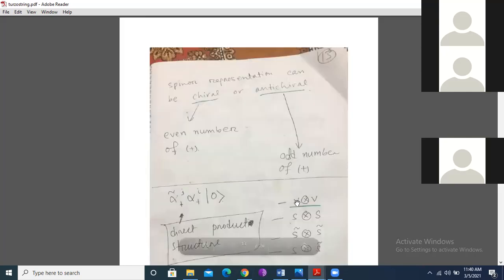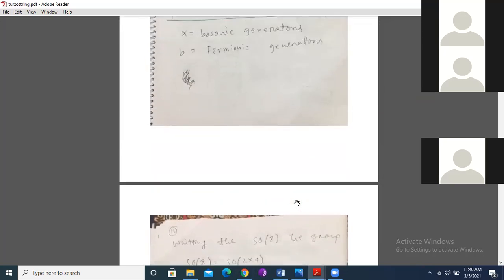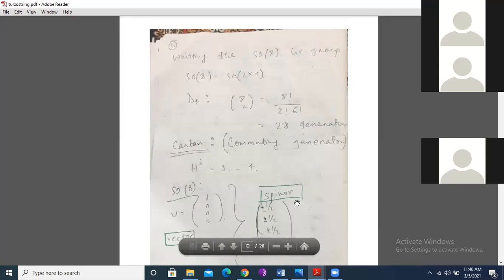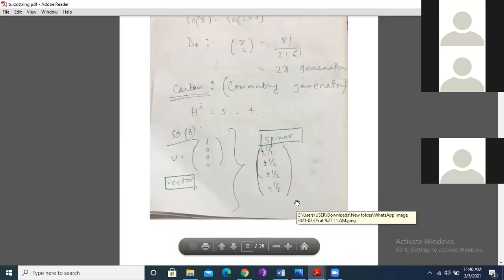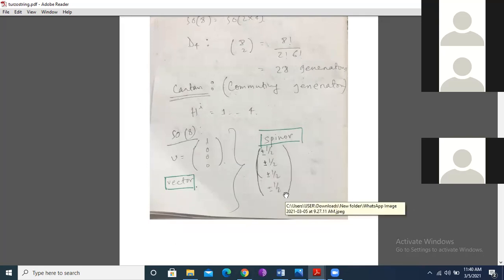So before continuing, fermions, fermion times fermion. I'm not going to tell you the proof because it's quite lengthy. What happens is that these are the spinor representations, and you can have plus half or minus half of their charges.